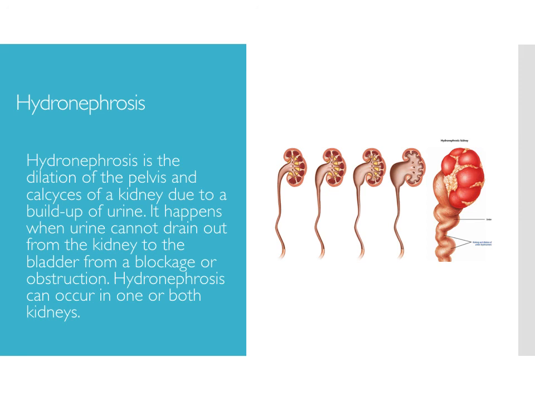It happens when the urine cannot drain out of the kidney to the bladder because of blockage or obstruction. And it can occur in one kidney or in both of them. And it can also occur as hydroureter. It depends on where the obstruction is taking place.